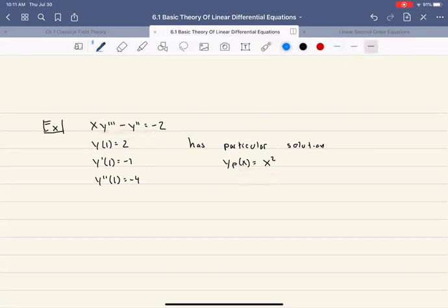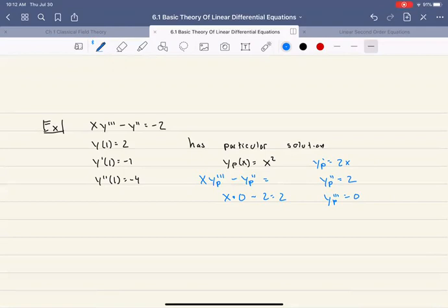Let's just check that. x yp triple prime minus yp double prime. Now, yp prime is 2x, yp double prime is 2, yp triple prime is 0. So x times 0 minus 2 equals -2. Okay, so the particular solution is yp of x equals x squared.